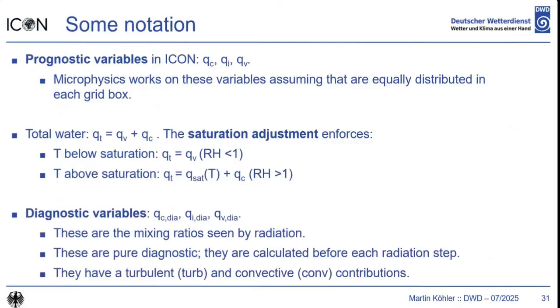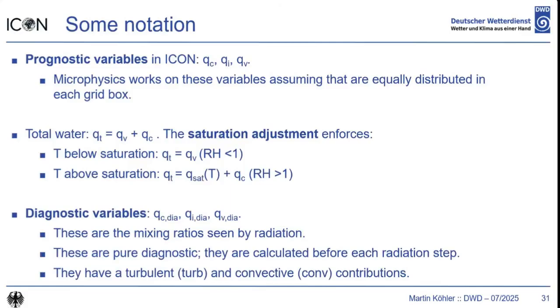It's nonlinear, massively nonlinear. So some notation: the prognostic variables are the ones that the microphysics sees. So you have prognostic cloud water, ice, and the other quantities if you have them, rain, snow. And then you could imagine a total water.